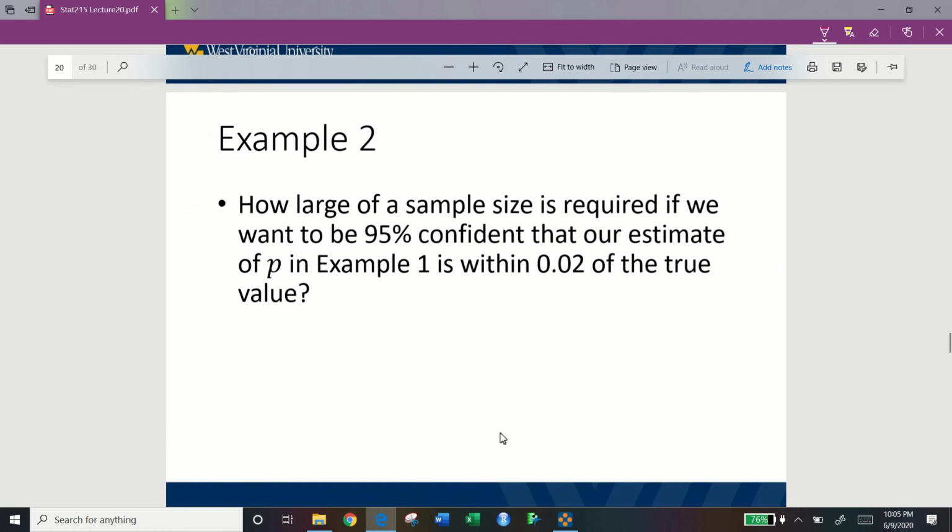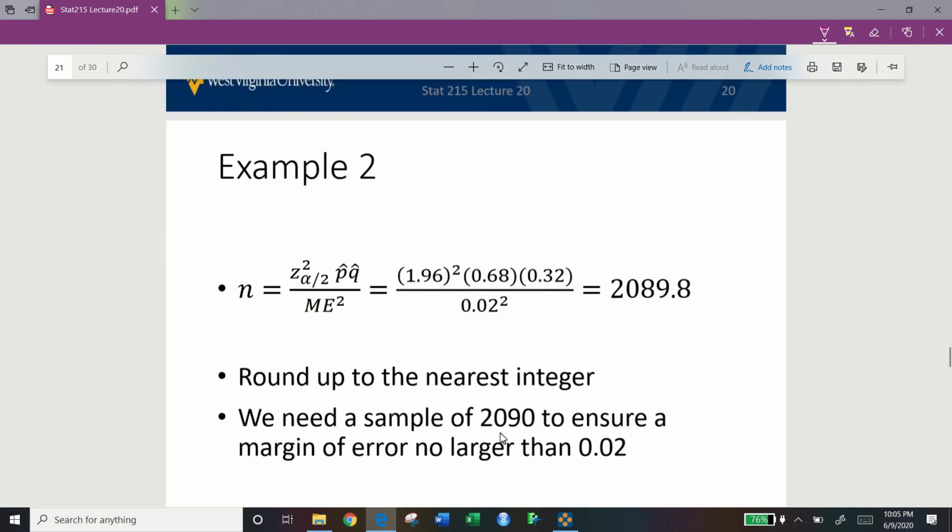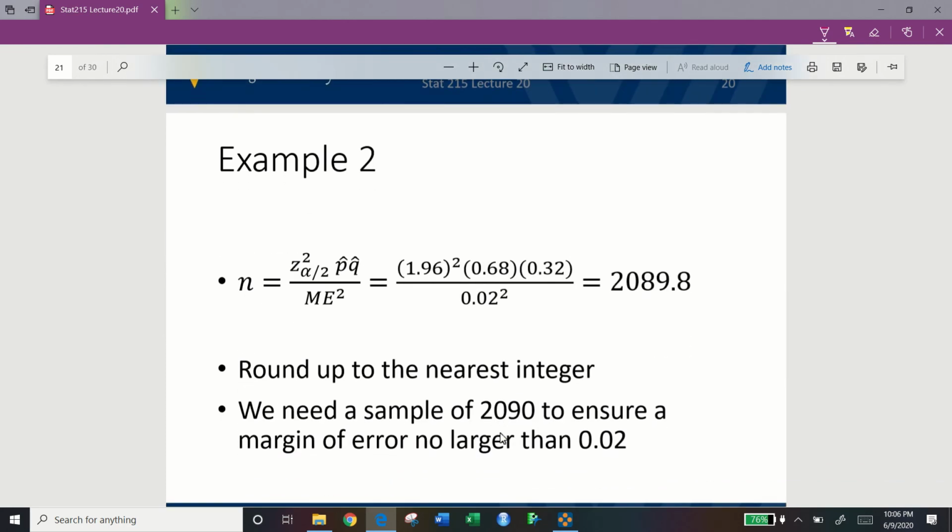This leads us to our second example. How large of a sample size is required if we want to be 95% confident that our estimate of p in example 1 is within 0.02 of our true value, or in other words, within 2% of our true value? By plugging into our formula, Z alpha over 2 squared multiplied by p hat q hat over ME squared, we would have 1.96 squared multiplied by 0.68 multiplied by 0.32 divided by 0.02 squared.